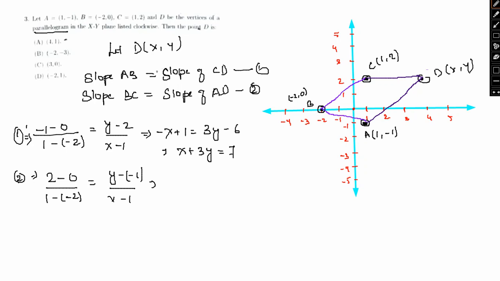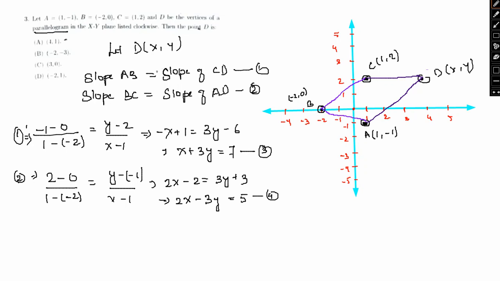So this will give us 2x minus 2 equal to 3y plus 3, or 2x minus 3y equal to 5. So let this be equation 3, this be equation 4.